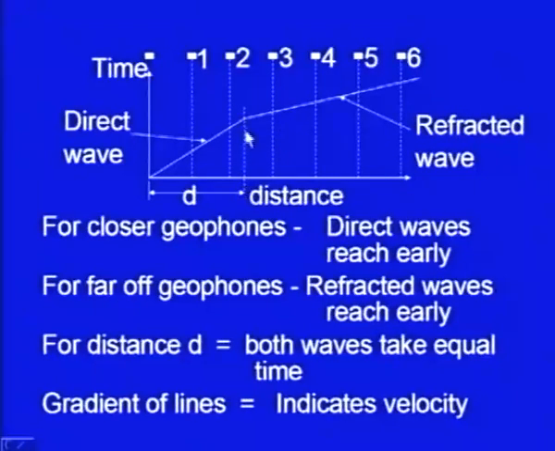For this particular distance d, which is the threshold value, both the waves take the same time. So this curve and this curve meet here. Both the waves take equal time for this distance d. So we plot these curves, and by joining them we can find that distance d, for which both the waves take equal time.